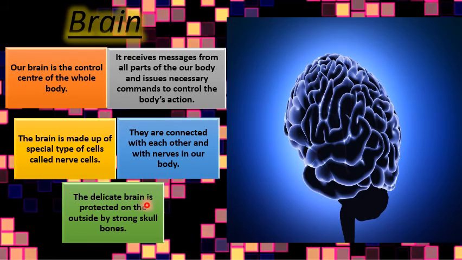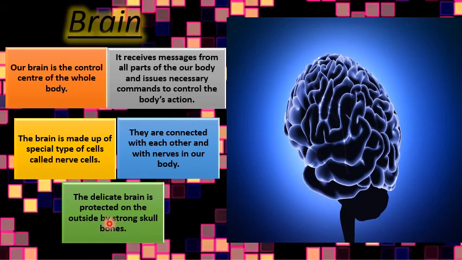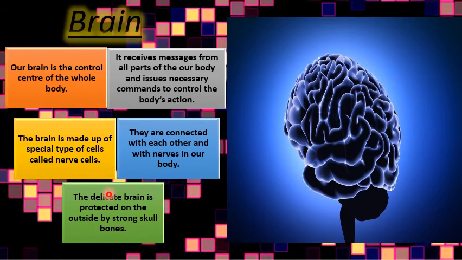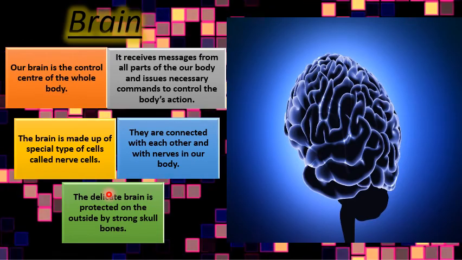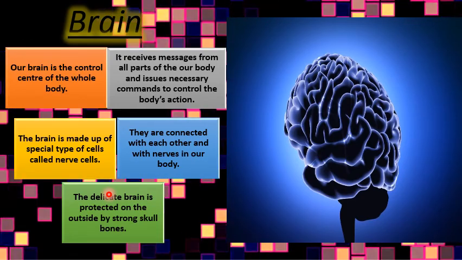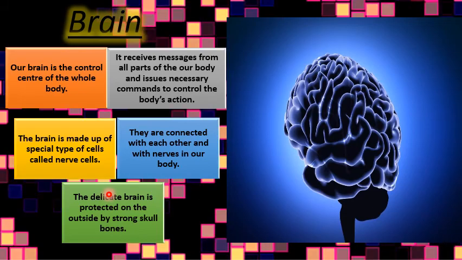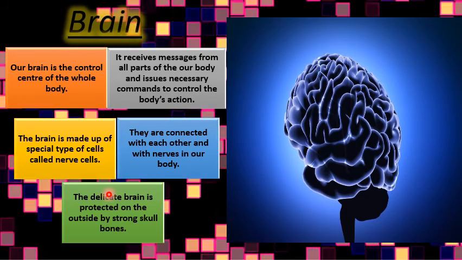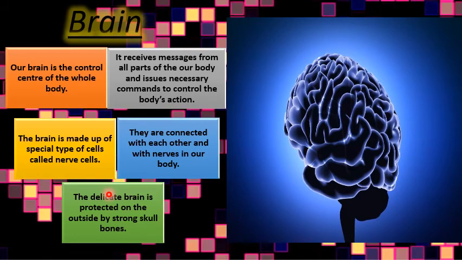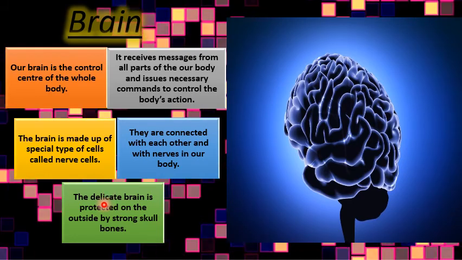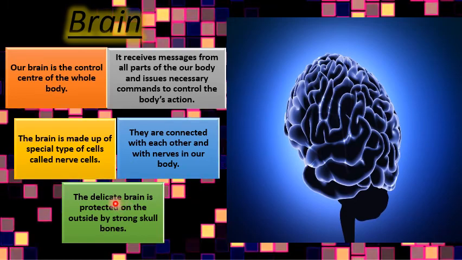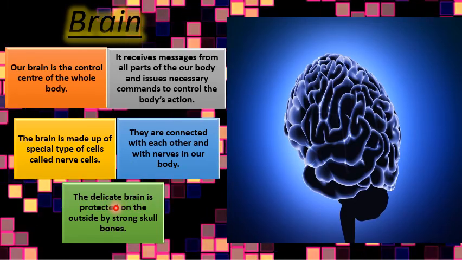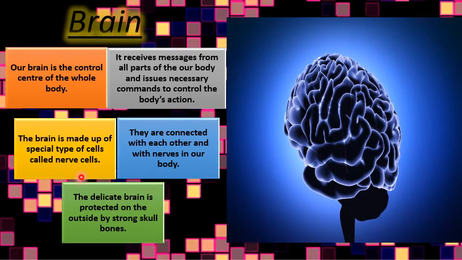The delicate brain is protected on the outside by a strong skull. In our previous chapter, how we move, we learned about the skeleton, from which our brain is protected by the skull. The skull is a bony, hard structure that protects our brain, because our brain is a delicate and complicated part of our body, and it is really important because it controls our whole body.